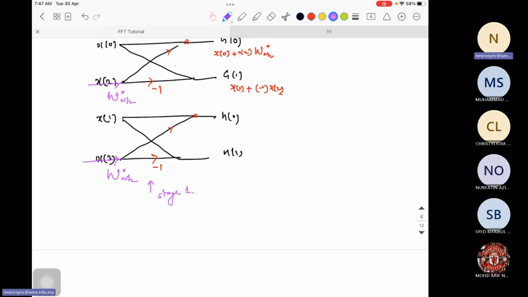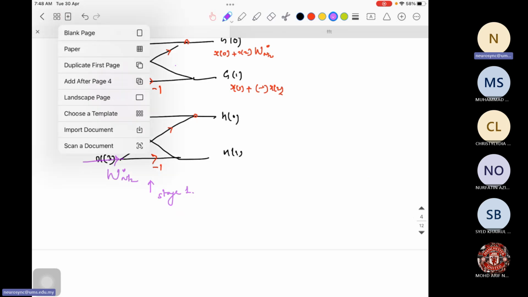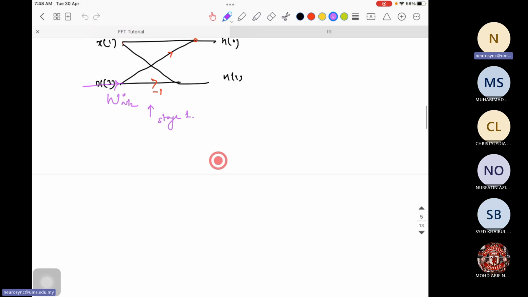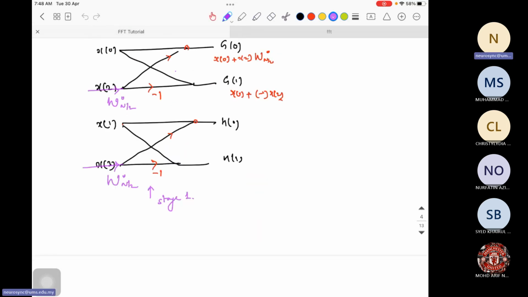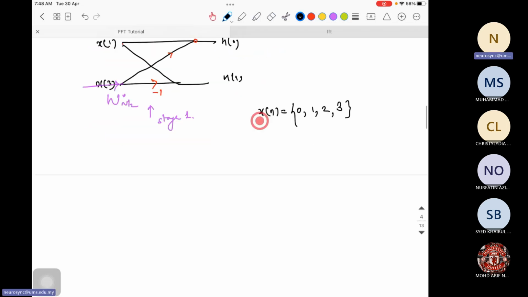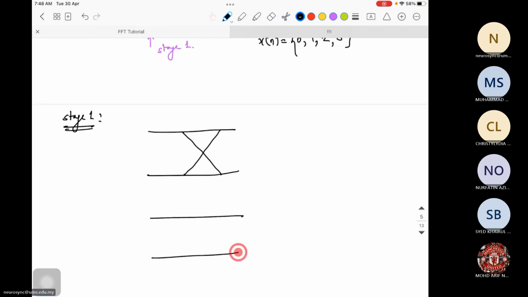What is the input sequence we are having? x of n is equal to 0, 1, 2, 3. This is the given sequence. So first we will do stage 1. The simplest thing here is to draw the flow chart for stage 1 like this butterfly structure. Stage 1 will always be like this.